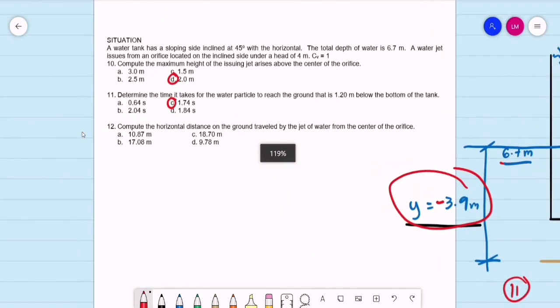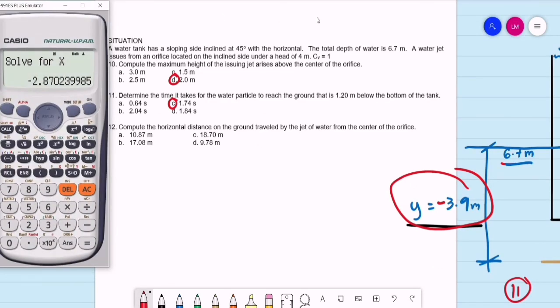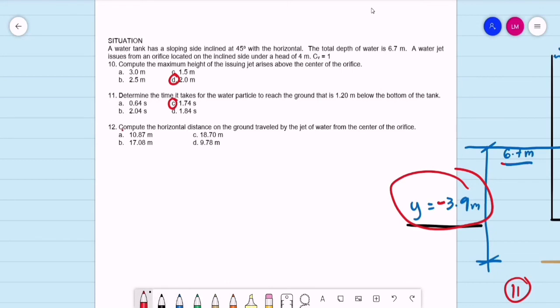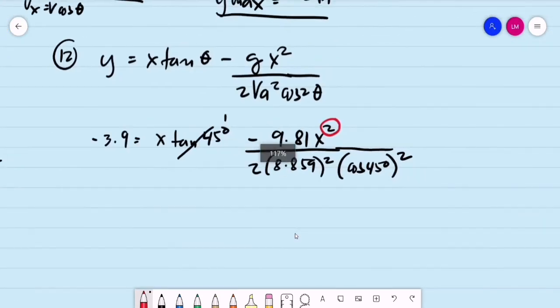Okay, tingnan muna natin kung ano yung mga values sa choices. Okay, so nasa positive values lahat yan, kaya hindi pwede yung negative answer kanina. Pwede kayong mag-assume ng any value na malapit sa choices. So let's say 15, yun, average ng mga nasa choices para positive yung i-iterate ng calculator. Okay, that will be 10.87. So sa choices natin, that will be letter A. So minsan ganun kasi kapag yung degree ng equation mo ay second degree, there are two possible values.